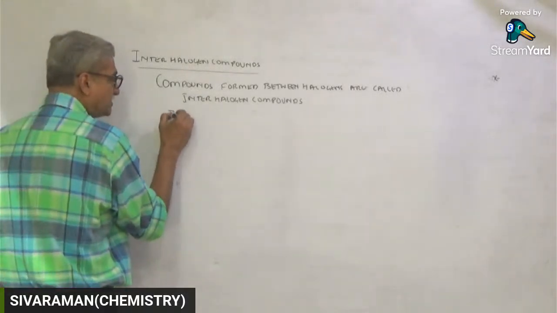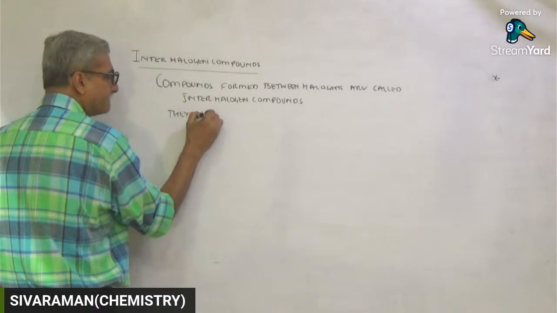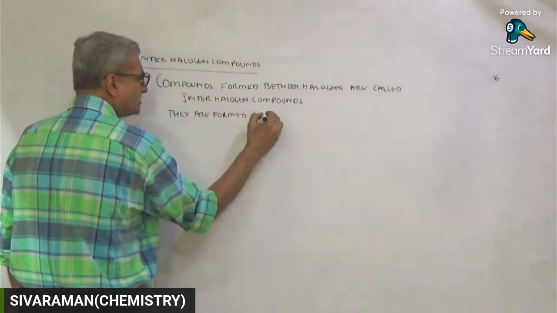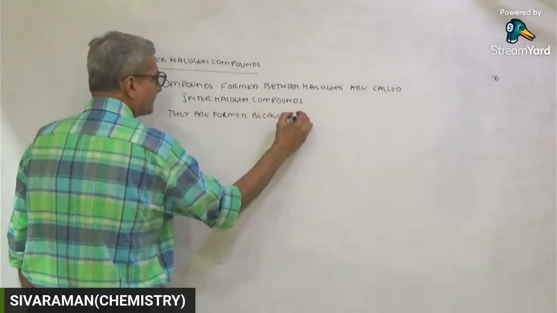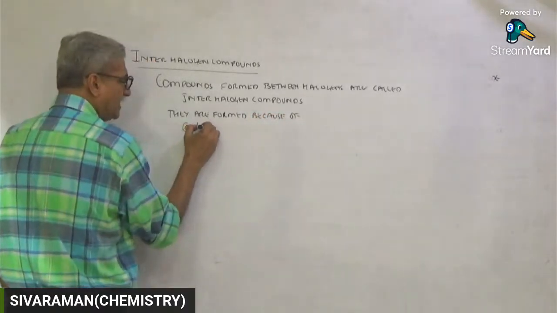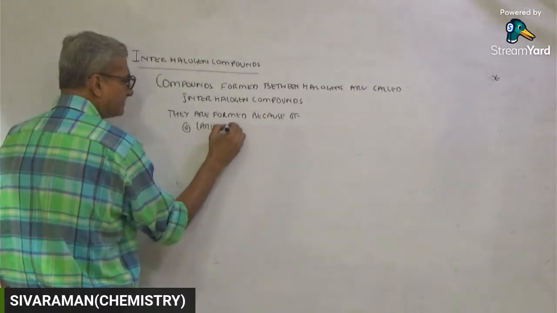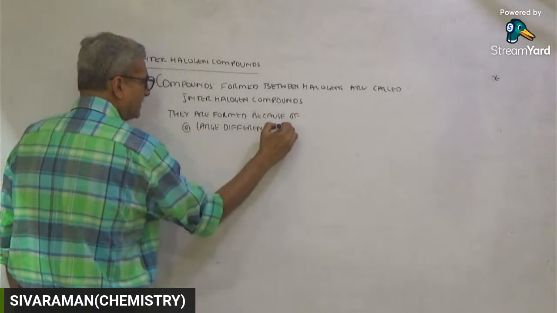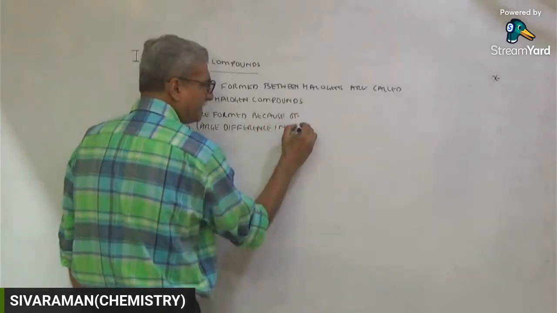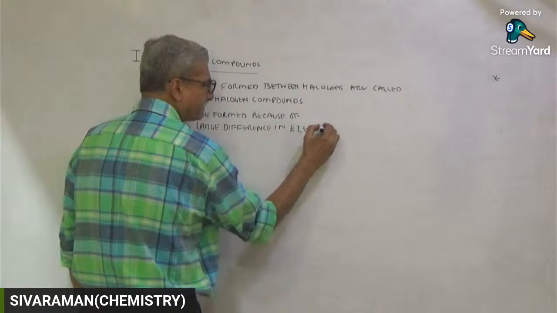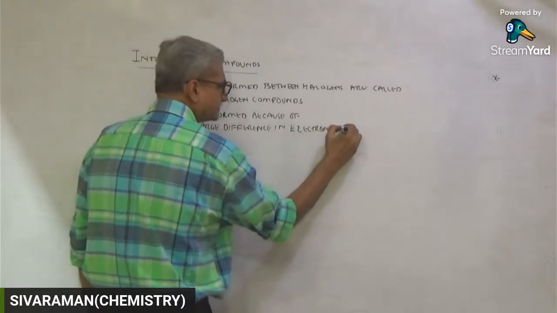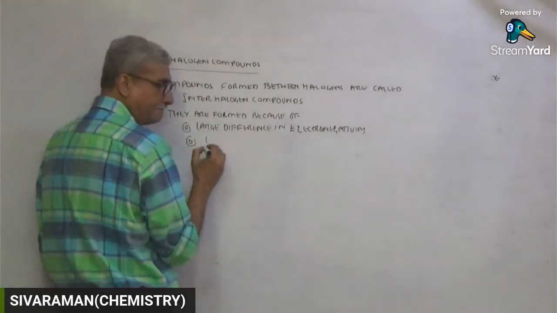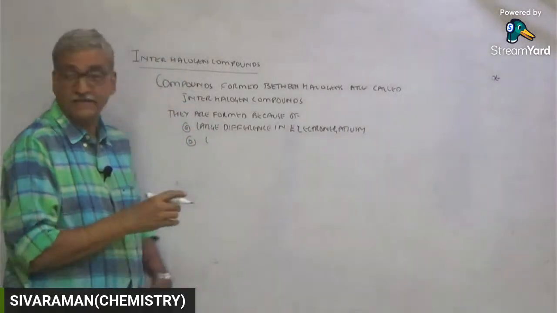They are formed because of a large difference in electronegativity, and B, light.